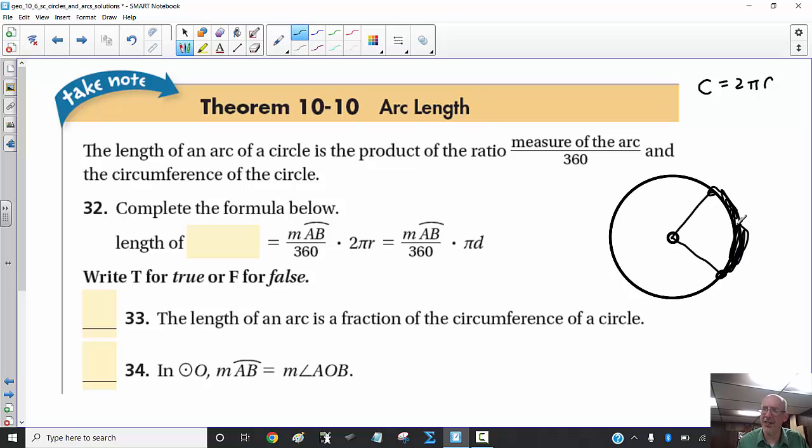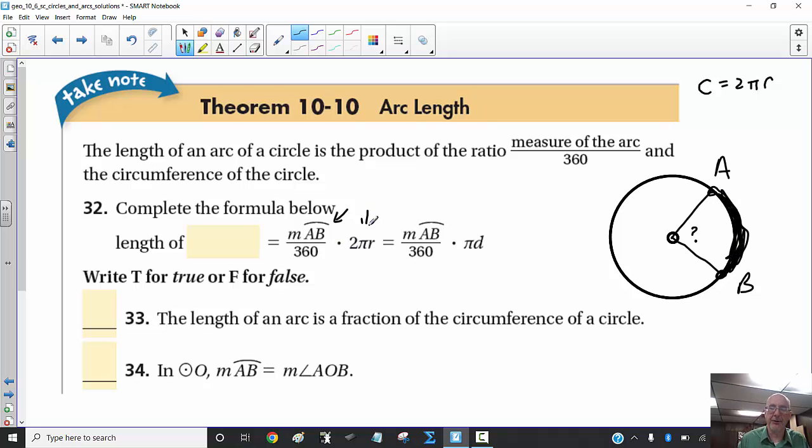But if you're just focused on this part of it, then you need to recognize that whatever these degrees are, it's a proportion. This is what they're showing right here, A, B. If you want to know the length of this arc, then whatever this degree is, if that is placed in the top of this fraction, so it's this many degrees out of a total of 360, it will give you the proportion of the circumference that makes up that arc.